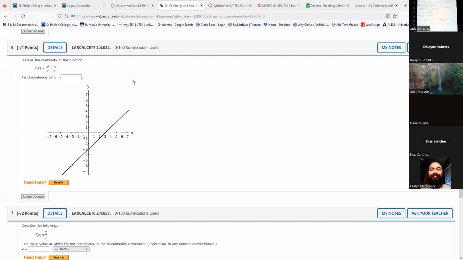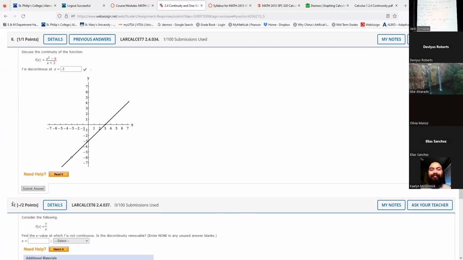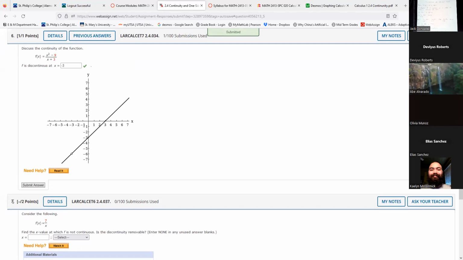If I plug in a -3, we're going to have problems. Let's see if that's the issue. So I can't plug it in. That means we're not continuous there because it violates rule number 1.